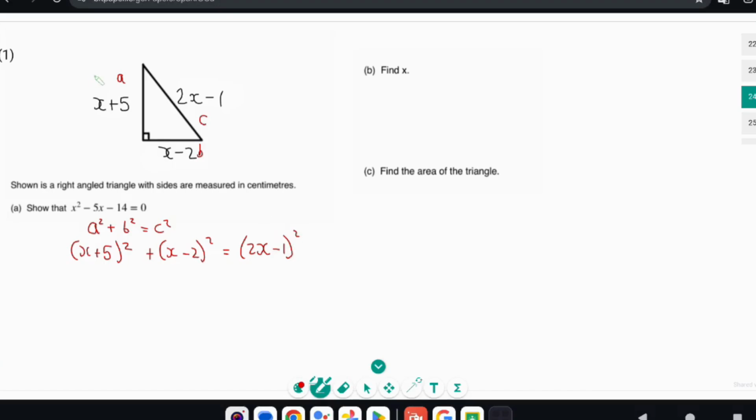Right, (x plus 5) squared, don't forget, is a double bracket. Also, (x minus 2) squared is a double bracket. And (2x minus 1) squared is also a double bracket.